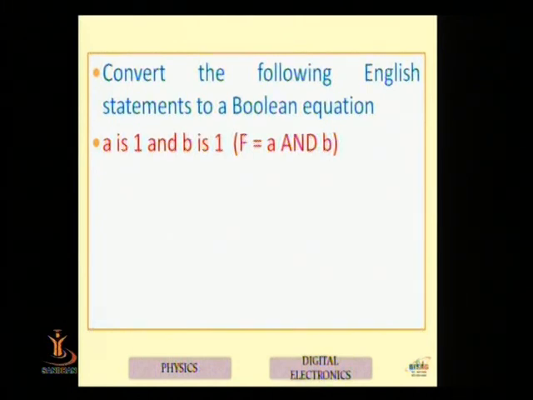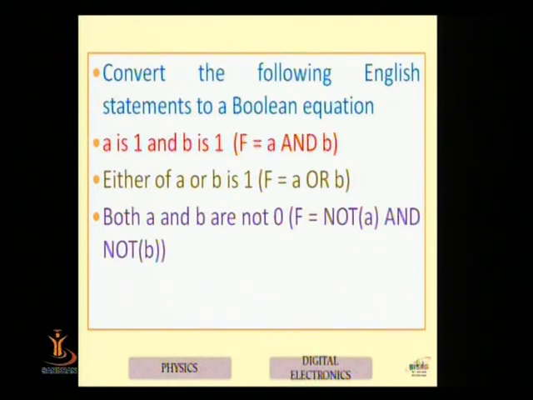So I am writing A and B. You may write A dot B also. The other one is: either A or B is 1, my output should be 1. So F is output and the condition is A or B, and the last is both A and B are not 0. Then only F is 1. You can say F equals not A and not B.